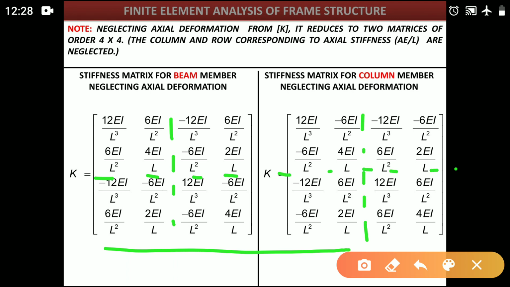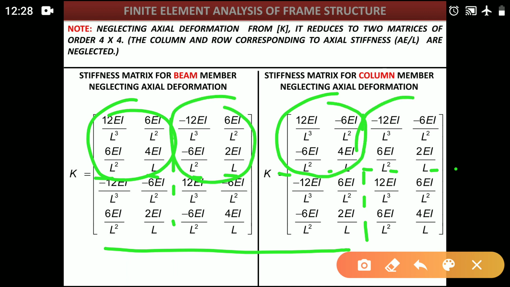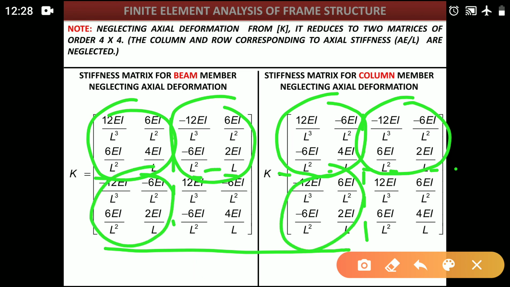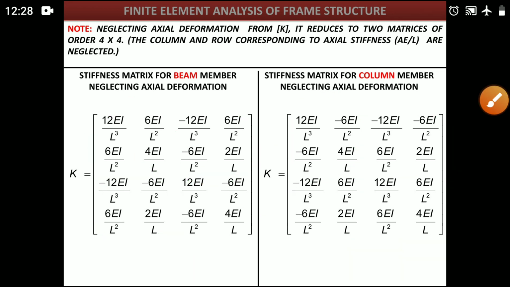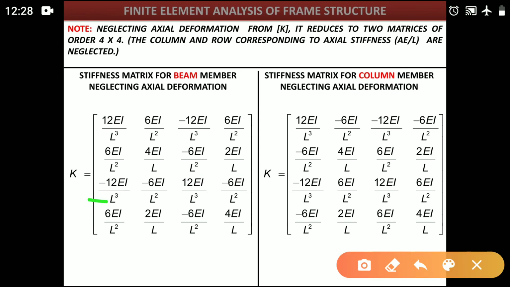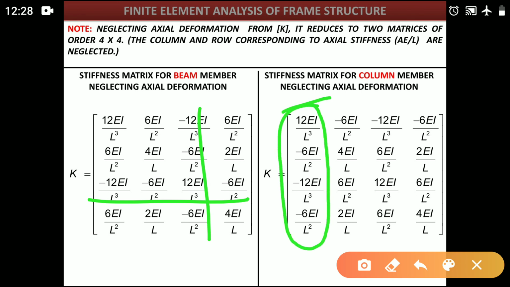So see a group of, this is the first group, same here, 12 6 6 4, 12 6 6 2, 12 6 6 2, 12 6 6 4. All elements are same. Now the minus sign changes. In beam, it is in the third row, third column. In column, it is in the first row, first column. Just a difference of minus sign.